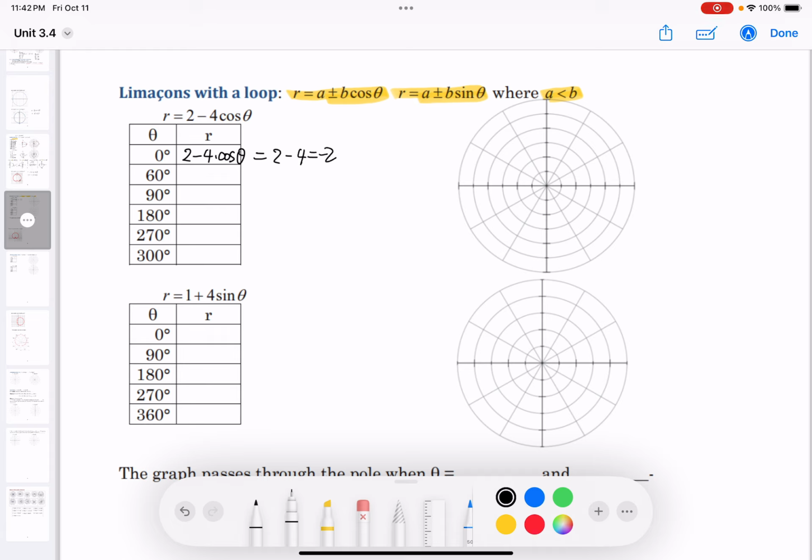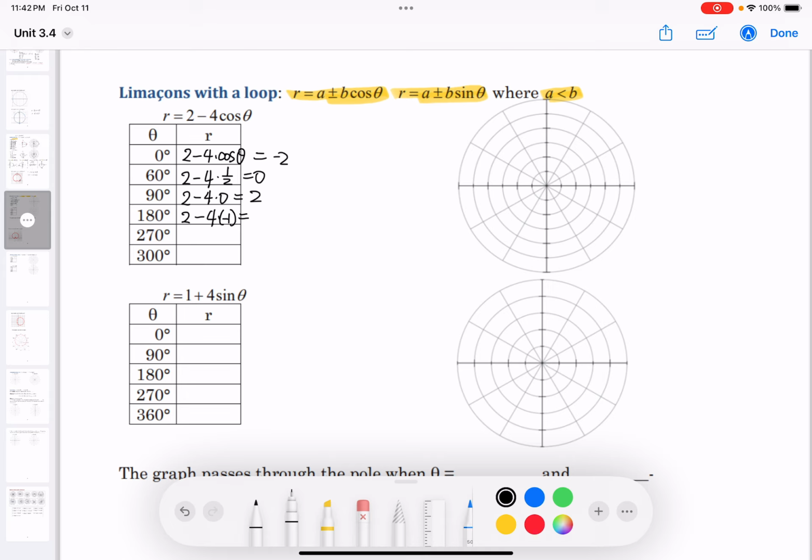Next one is 2 minus 4 times cosine 60, and cosine 60 is 1/2. So 2 minus 2 is 0. And then 2 minus 4 times cosine 90 degrees, which is 0, and we have 2.